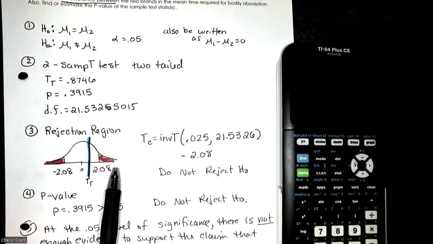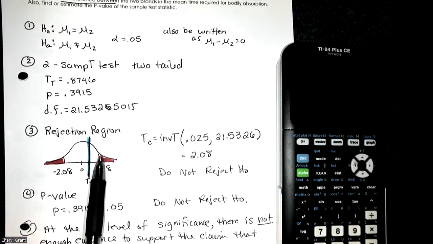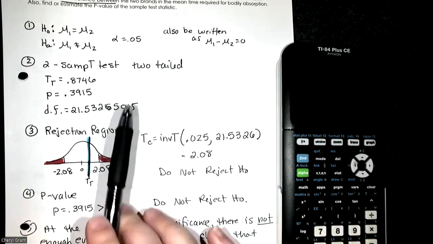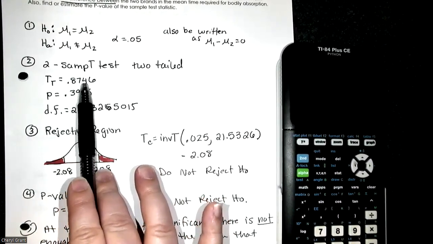And then once we get our critical value set up, because it's two-tailed, I'm looking at both sides. So I have negative 2.08 on this side for this critical value, and on this side is 2.08. Then I go back and look at my test statistic. My test statistic was 0.8746.